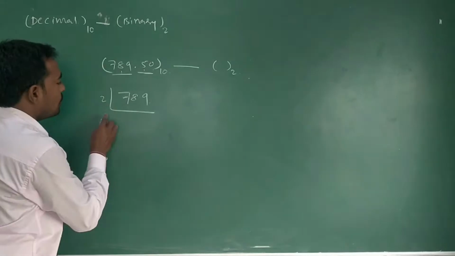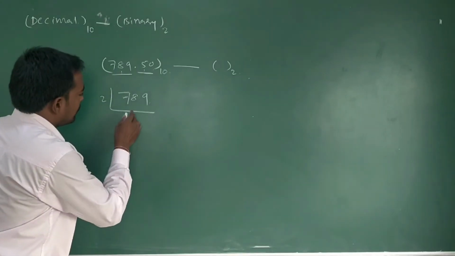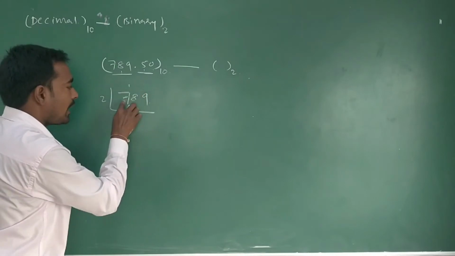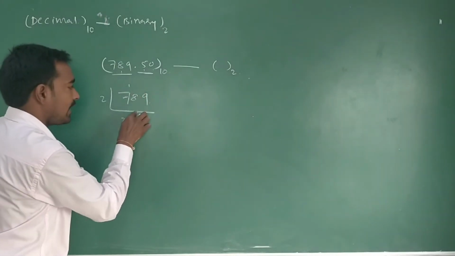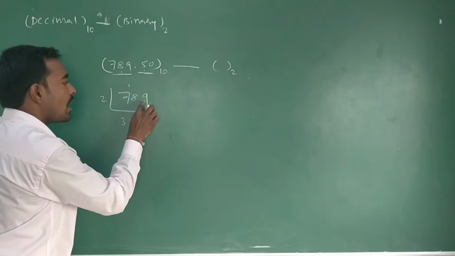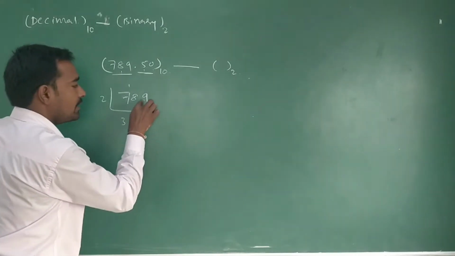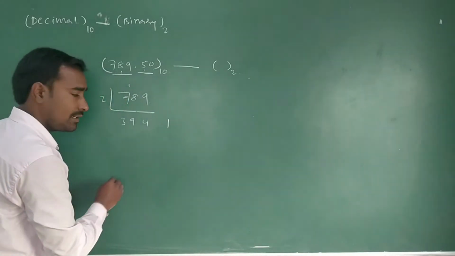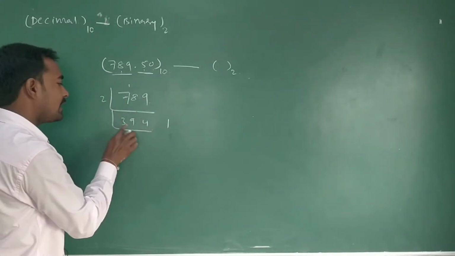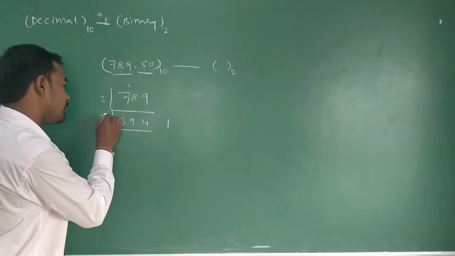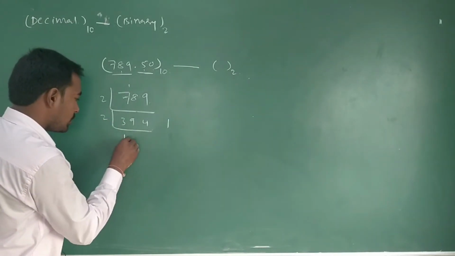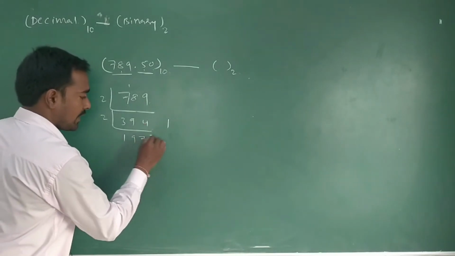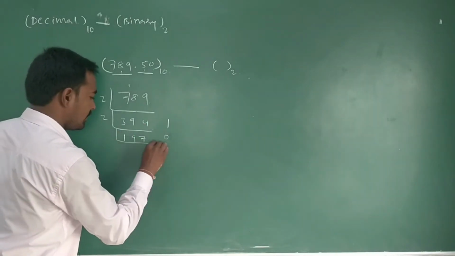So 2 3s are 6, remainder is 1, and 1 8, 2 9s are 18, and remainder is 0, and 2 4s are 8, and remainder is equal to 1. So that 1 will be taken here, and again we divide this 394 by 2, then we get 2 1s are 2, 2 9s are 18, 2 7s are 14, and remainder is equal to 0.